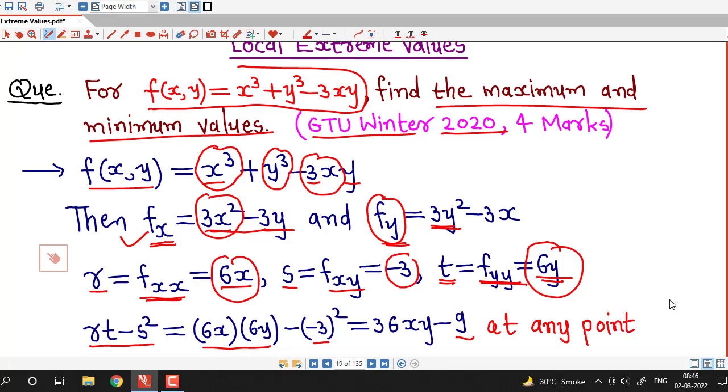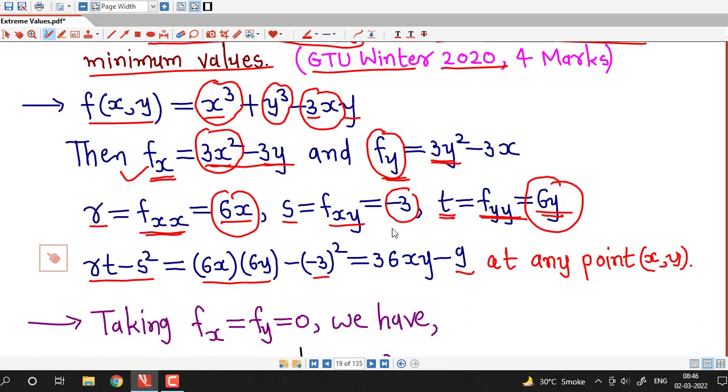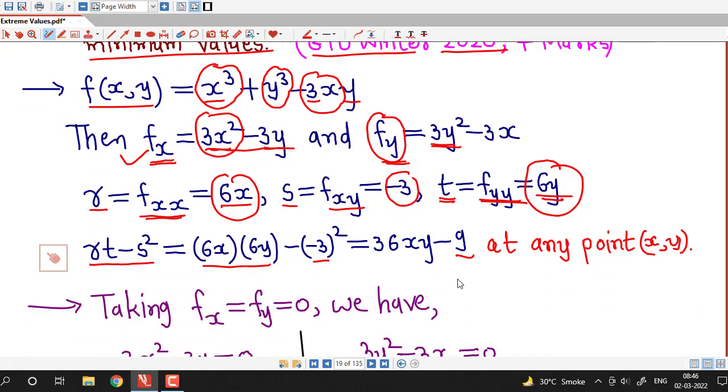And we will calculate this rt minus s square at critical points, which we will find by solving del f by del x equal to 0 and del f by del y equal to 0. Also we will require the value of r, which we have obtained as 6x. r is equal to 6x at any point (x,y).